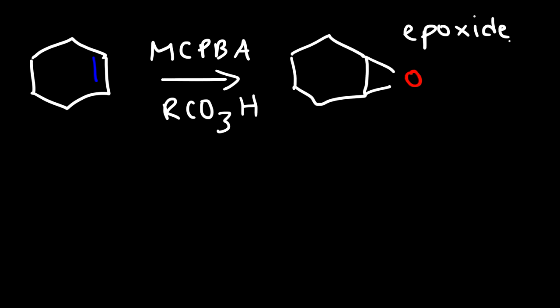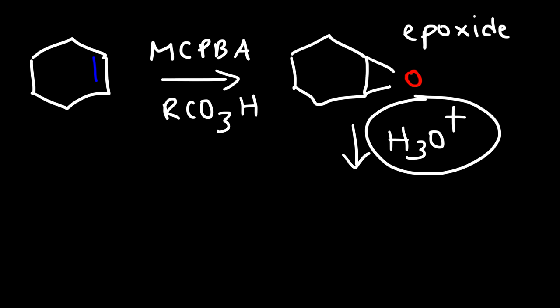Now, starting with the epoxide, what's going to happen if we react with H3O+? If you see this, it's equivalent to water and HCl. Now, the epoxide is going to open, and we're going to get a diol, anti-addition. So we're going to have two hydroxyl groups.